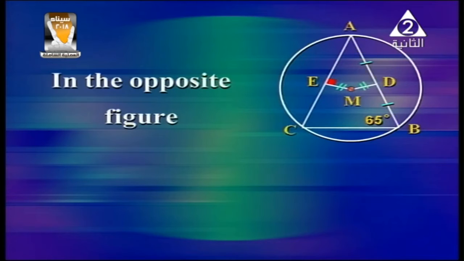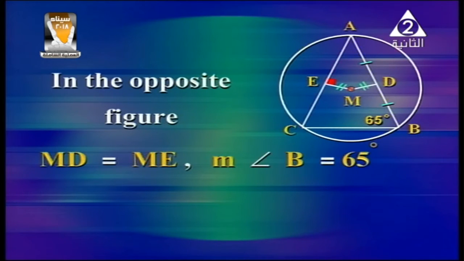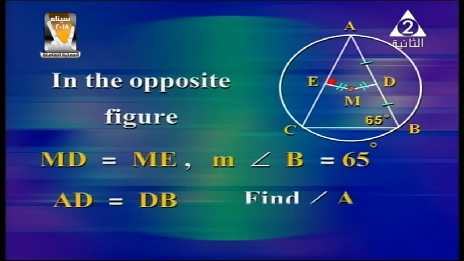In the figure opposite, MD equals ME. Measure angle B equals 65 degrees. AD equals DB. Try to find measure angle A. First of all, when you look carefully at the figure, you are going to notice that AD equals DB.